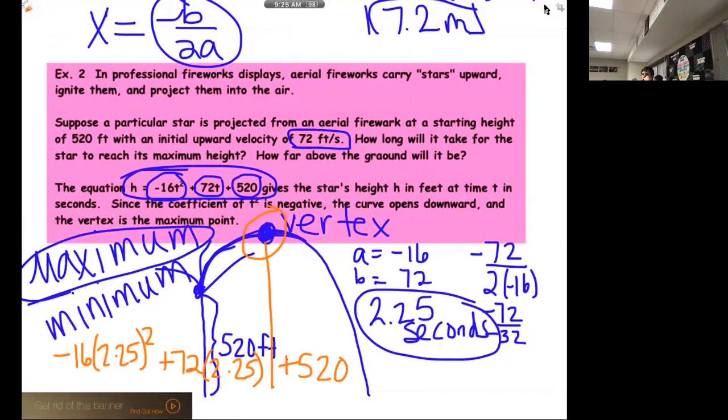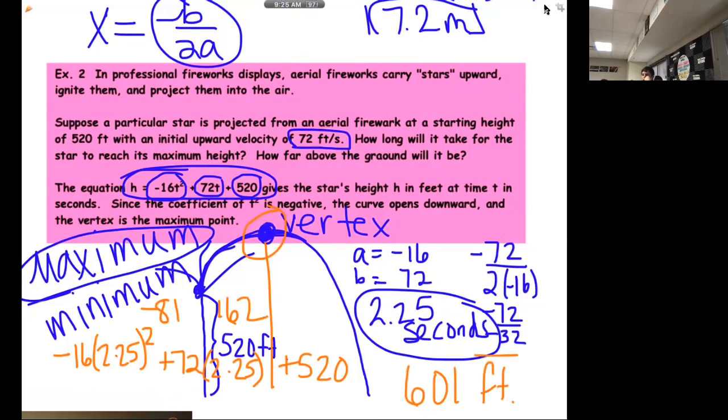Yeah, I'll double check here. 2.25 squared times negative 16 is negative 81. And then 72 times 2.25 is 162. And then we do the math and I got 601. 601 feet is how high that one part of the fireworks display is going to get.